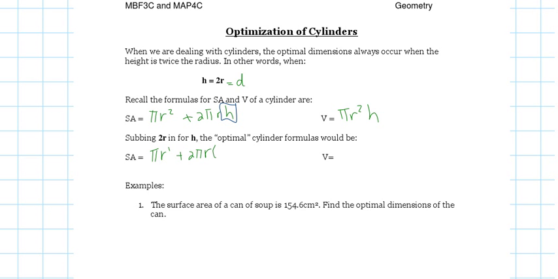So I have pi r squared plus 2 times 2, that's 4, so it's going to be 4 pi. R times r is r squared. So you see what happened?